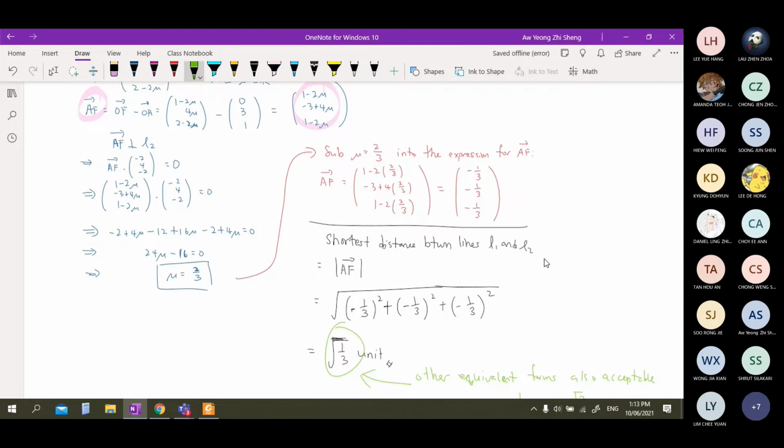If everyone is done, I will continue with the next page, which is also the last page of the chapter.